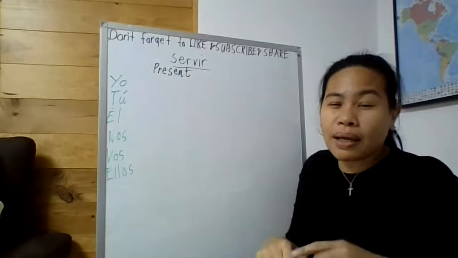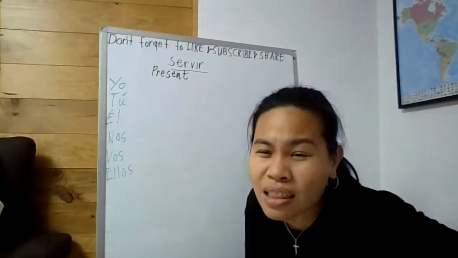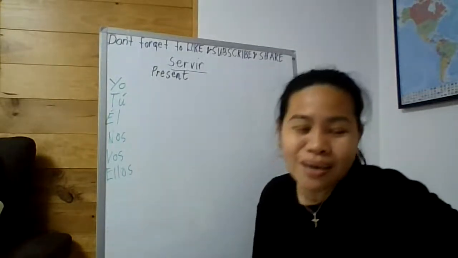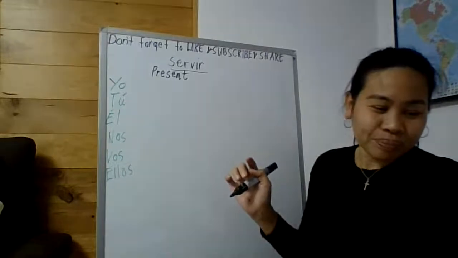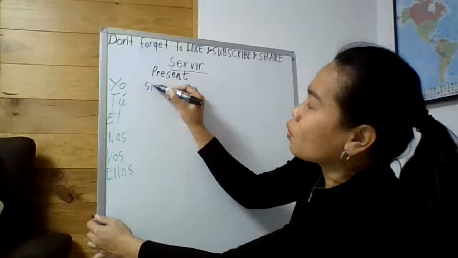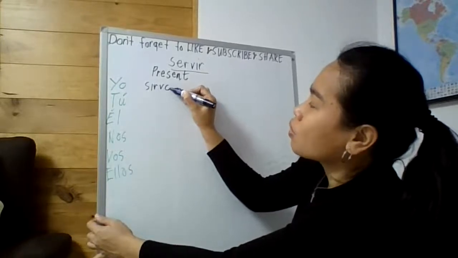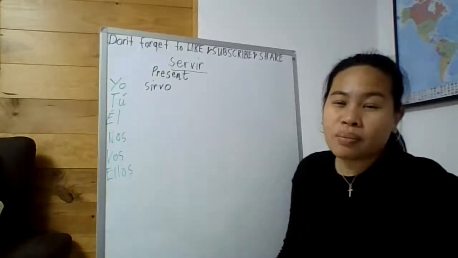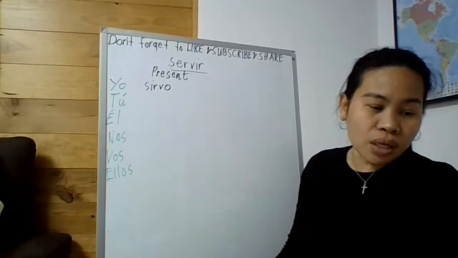Okay, el verbo servir. Yes, I get this one mixed up sometimes. Muy bien. Sirvo, Rob, sirvo. Yo sirvo. Okay, this is irregular verbs.